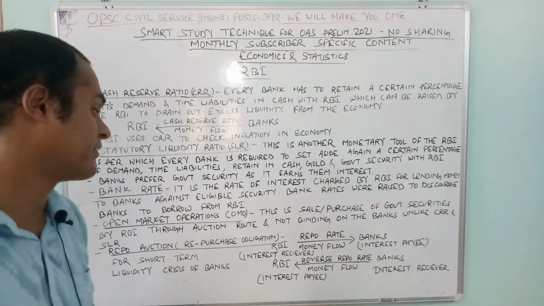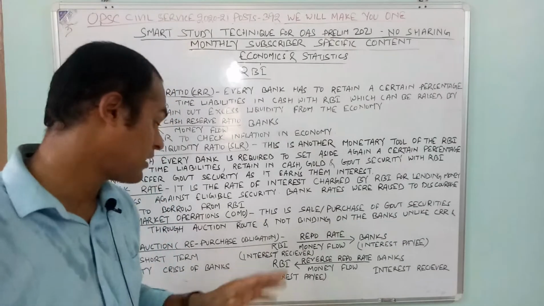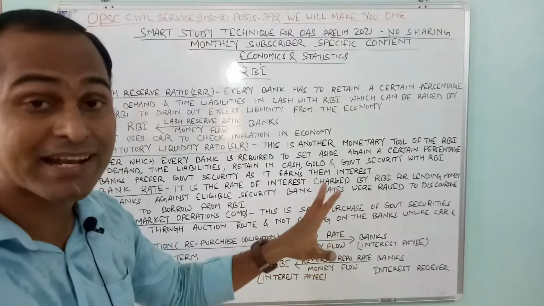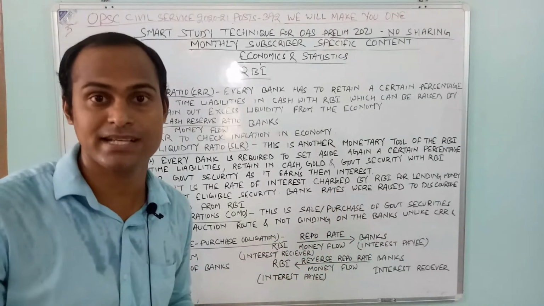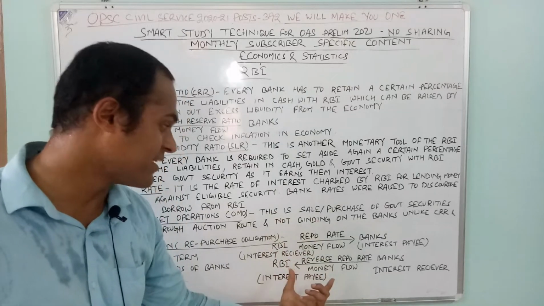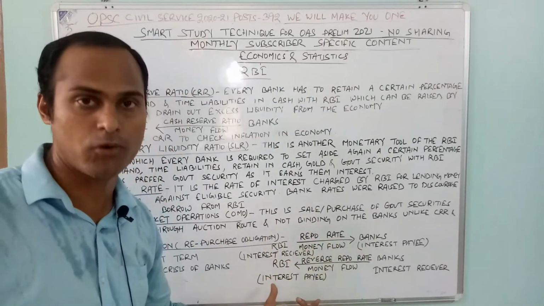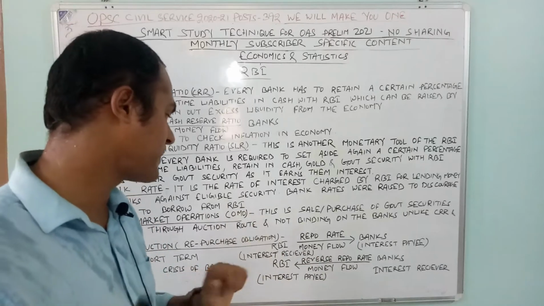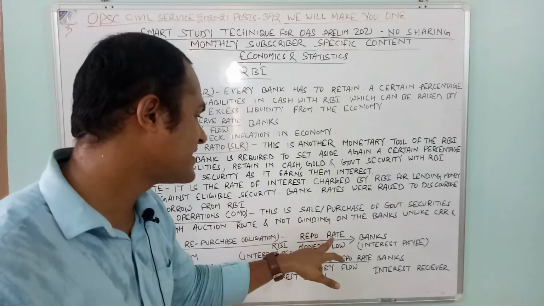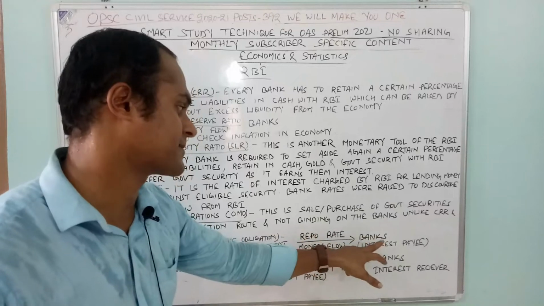What is repo rate? Repurchase obligation. I have made it very simple for you. I don't know what other teachers are following, but you can easily understand this particular flow. Let me explain. RBI, what is repo rate? Repo rate and banks.